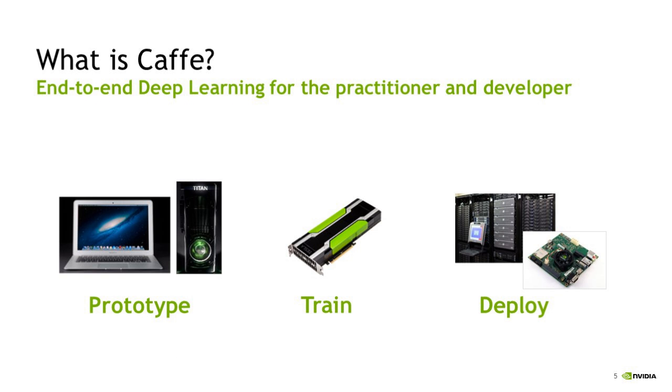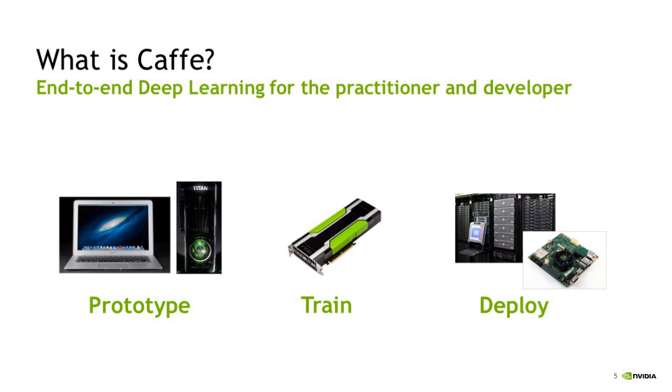So in a very summarized way, what does Caffe do? Well, it really is an end-to-end deep learning system that's aimed at both the practitioner and the developer. It allows you to prototype networks, and that can be on a desktop system, perhaps with a commodity GPU where you train a medium-sized network, or it could even be on a system such as a laptop that doesn't have a GPU, just for working on your network design, checking that your network will train without errors.